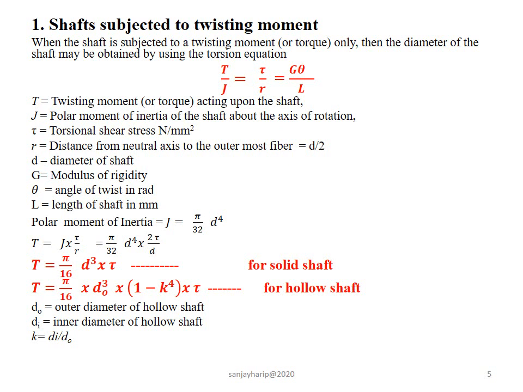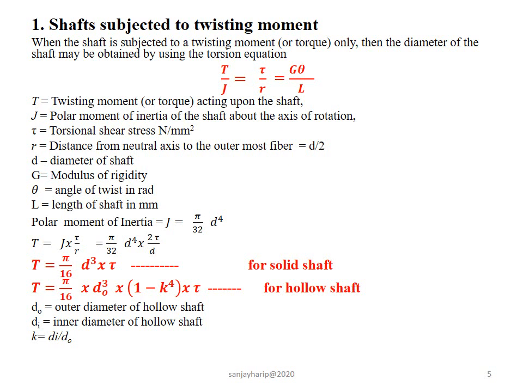This equation is T by J equal to tau by R equal to G theta by L, where T is the twisting moment, J is the polar moment of inertia, tau is the torsional shear stress, R is the distance from neutral axis, D is the diameter of shaft, capital G is the modulus of rigidity, theta is the angle of twist, and L is the length of shaft.